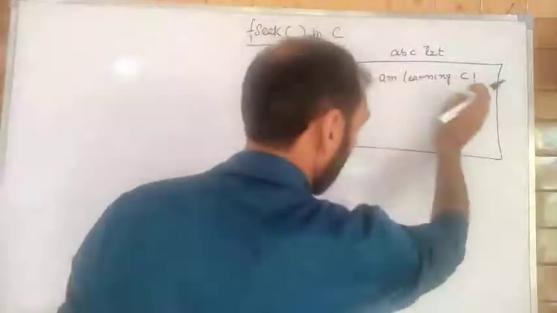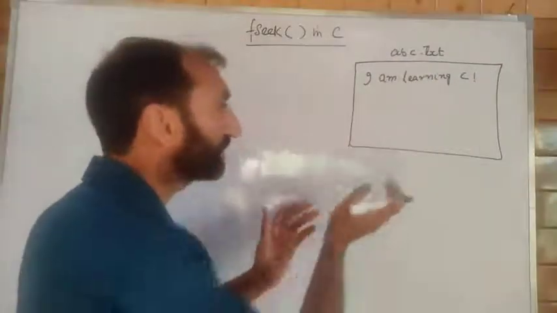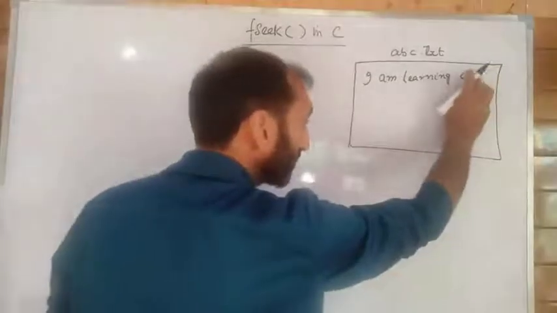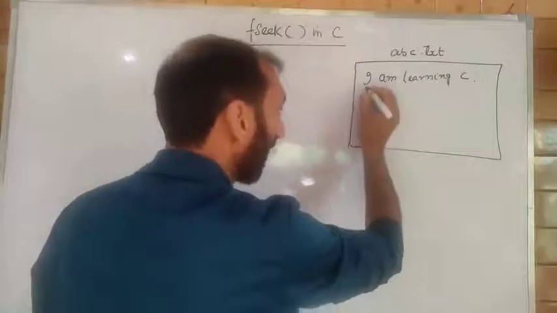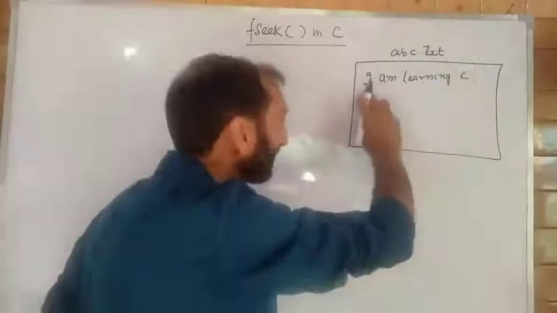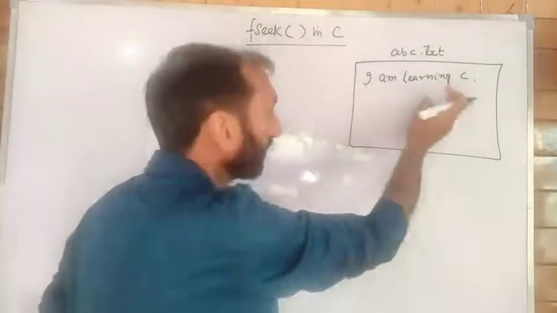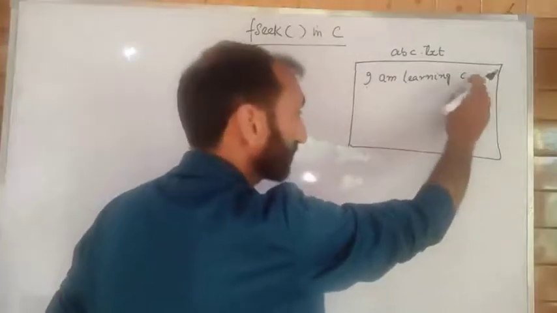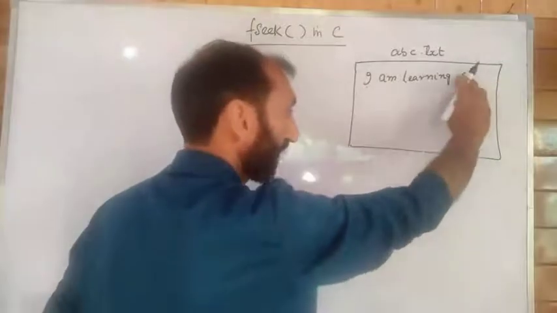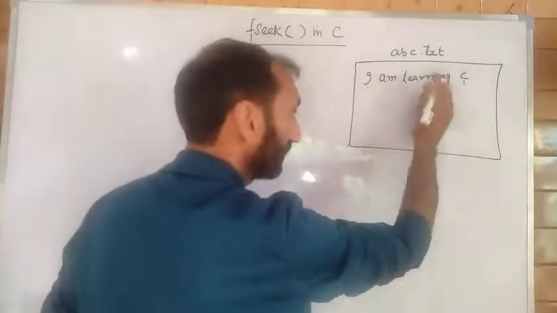When I am writing to this file, the cursor is at the end, and I want to move this cursor from C to I, that means from end to beginning, or from this position to this position.